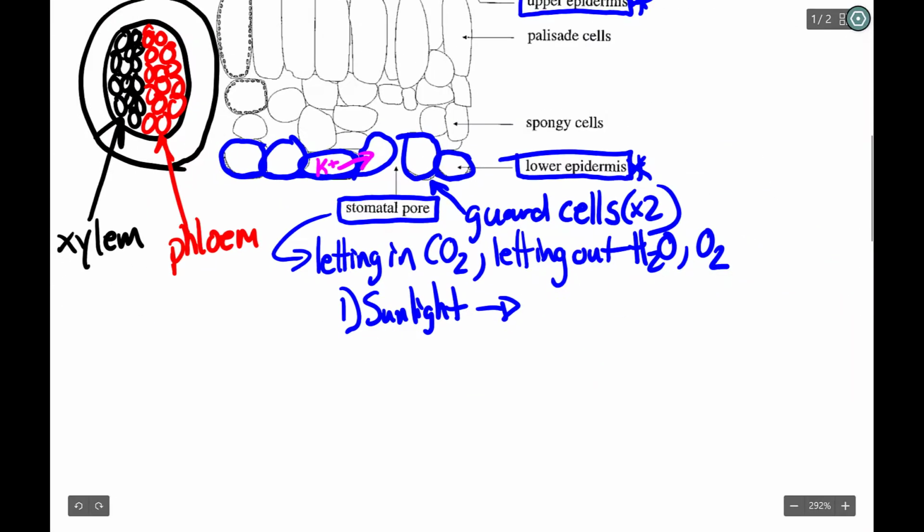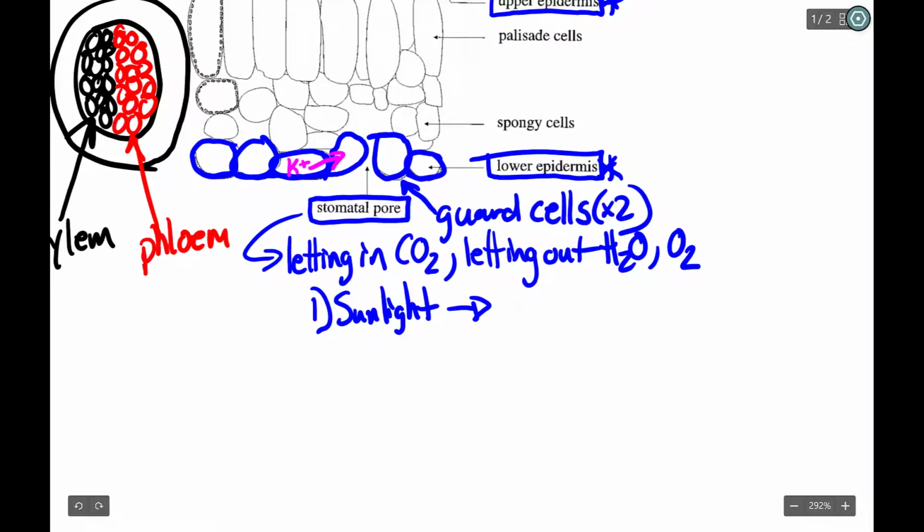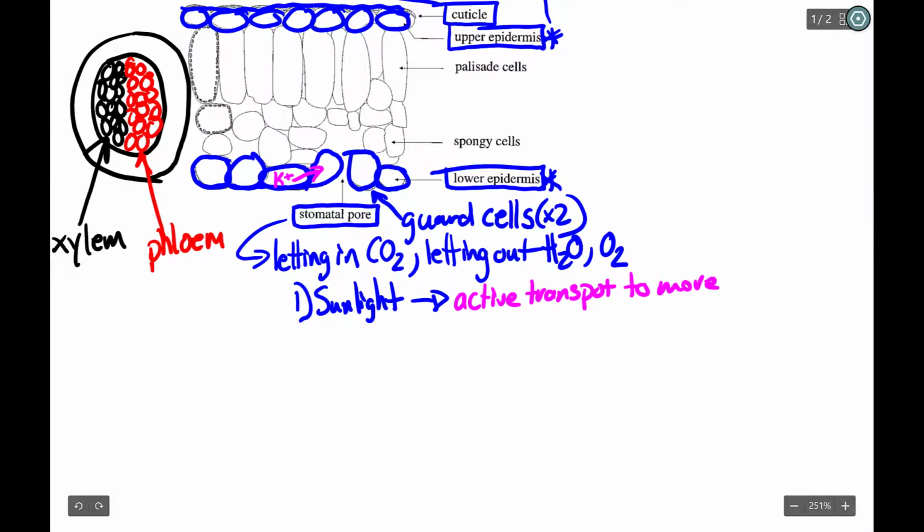So sunlight stimulates the plant. The plant says, okay, I've got sunlight. We're going to use active transport to move potassium ions into the guard cells.